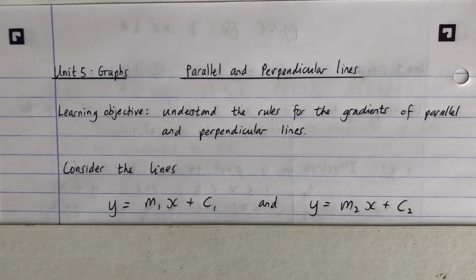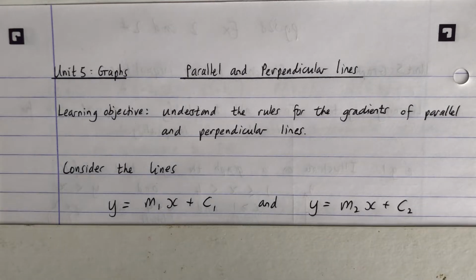Because I'm using two lines, I have to use the gradient is m1 and the y-intercept is c1, and the other one, the gradient is m2 and the y-intercept is c2. But we've got y is equal to m1x plus c1, and y is equal to m2x plus c2 for some gradients m1 and m2 and some y-intercepts c1 and c2.